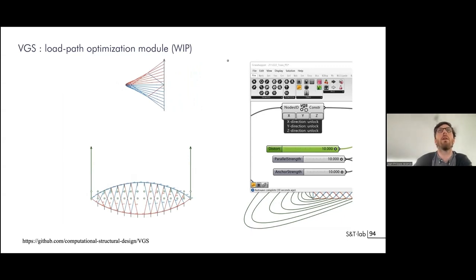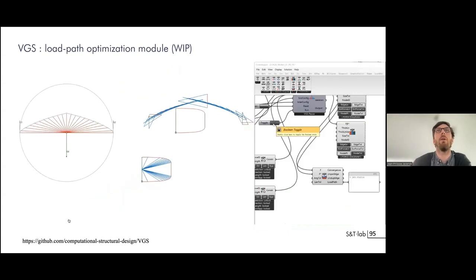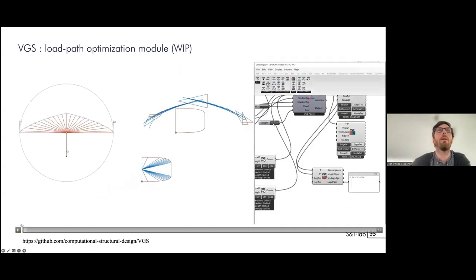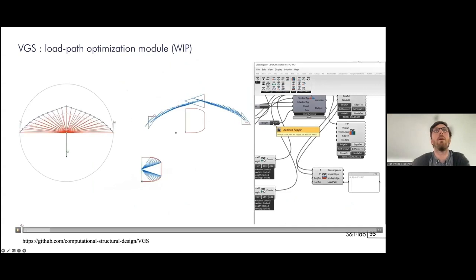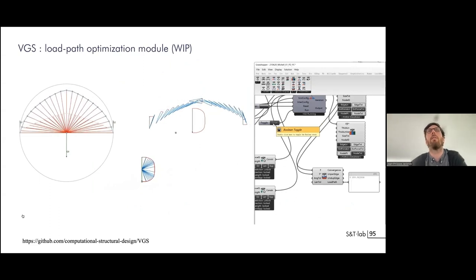Okay, I will show one last example of the same kind. And it's trying to converge with optimization. So obviously, all these tools, you can use them manually, but with optimization, you can really go faster and get better results.